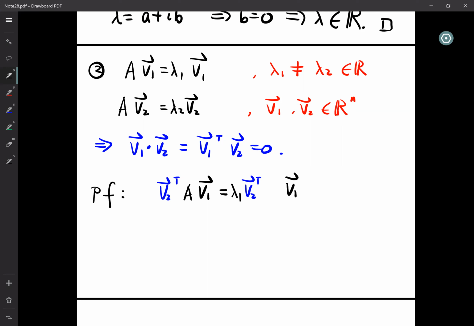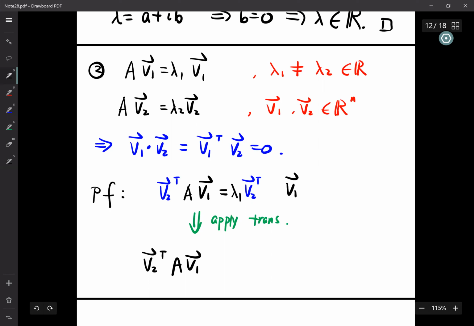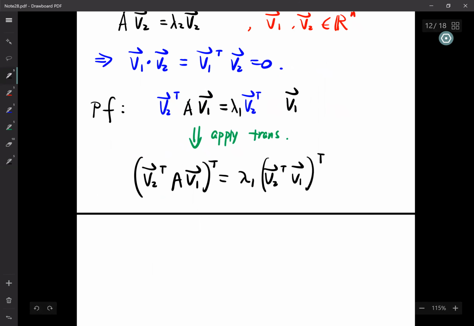Now I apply transpose on both sides. Then I have V2 transpose AV1 transpose equals lambda 1 times, a number transposed is itself, V2 transpose V1 transpose. Now I use the fact that A is equal to A transpose. This is equal to V1 transpose AV2.